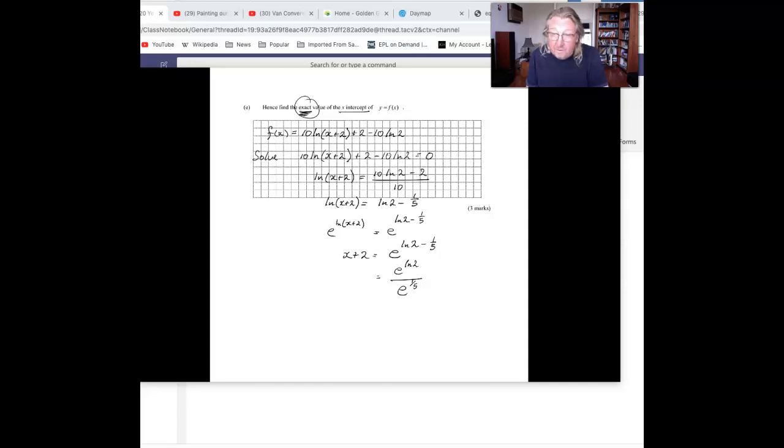That's just index laws. And e to the log 2 is 2. So we get x plus 2 is equal to 2 over e to the 1 over 5. And so x is equal to 2 over e to the 1 over 5, minus 2.